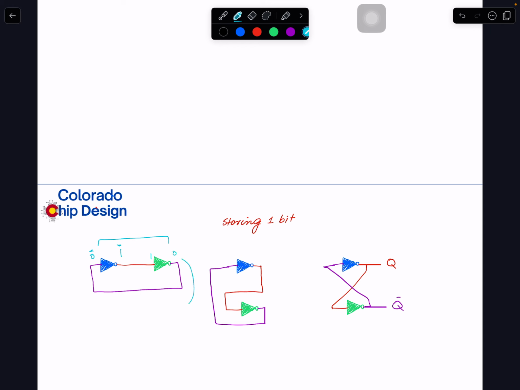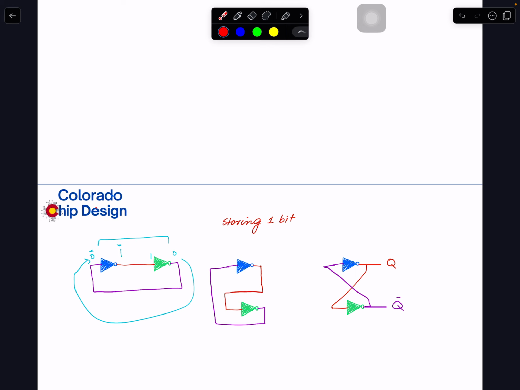This goes back to 0 and 1. So you can see that this circuit pretty much keeps 1 at this position and 0 at this position. So it's a kind of bistable circuit, it has two stable states, 0 and 1, and it keeps the storage there.